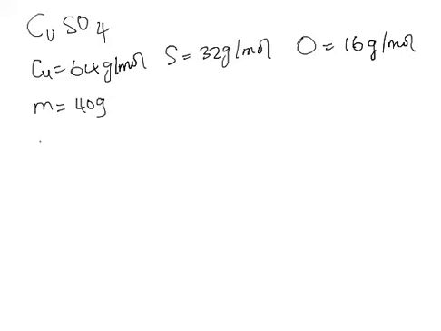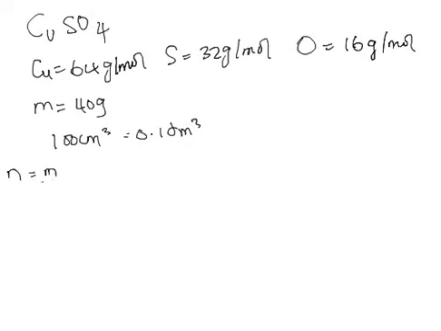Then we're also given a volume of 100 cm³, and this 100 cm³ can be converted to 0.1 dm³. What we need to do now is calculate the number of moles, our n.